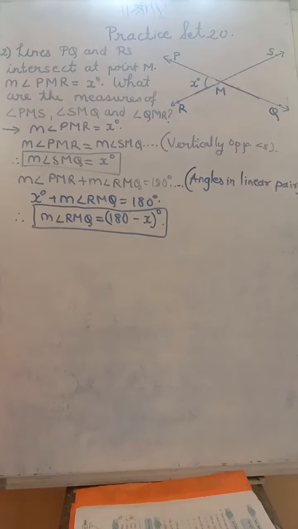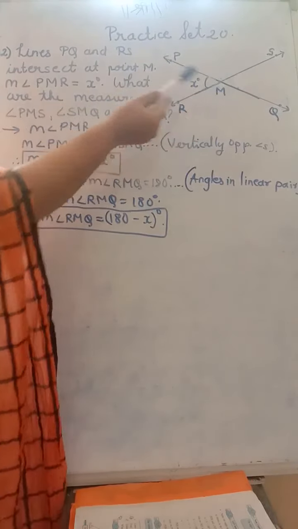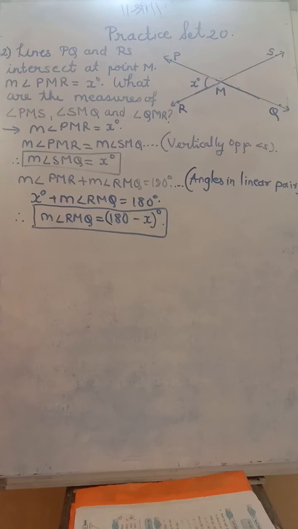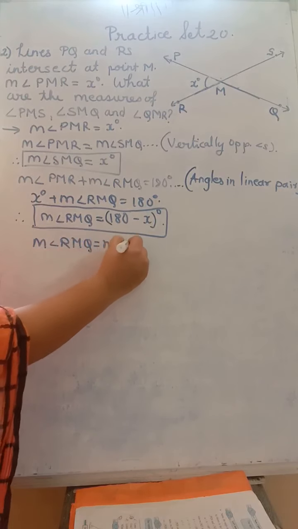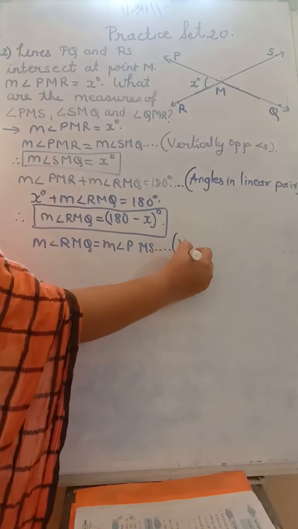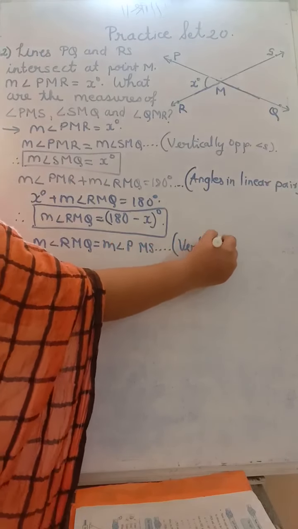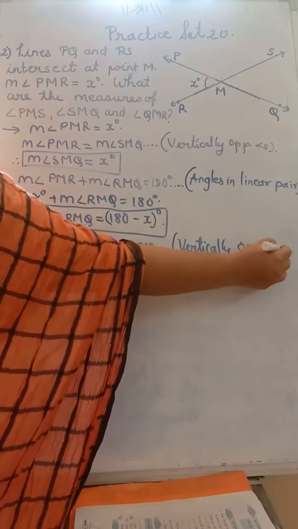Now, which we found this angle. Now, what is the relation of these two angles? Yes, again, are they vertically opposite angles? So, can we write measure angle RMQ is equals to measure angle PMS, and the reason is they are vertically opposite angles.